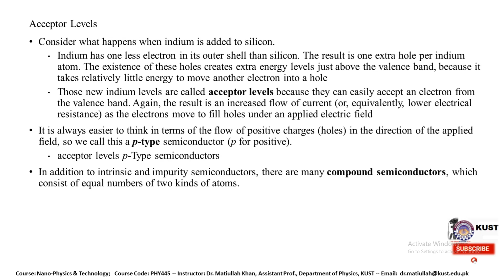We also have an acceptor level in p-type materials. Both donor and acceptor levels are created in the band gap, which reduces the effective band gap energy and allows even low energy to move an electron from the valence band to the conduction band, improving the electrical conductivity of such material.